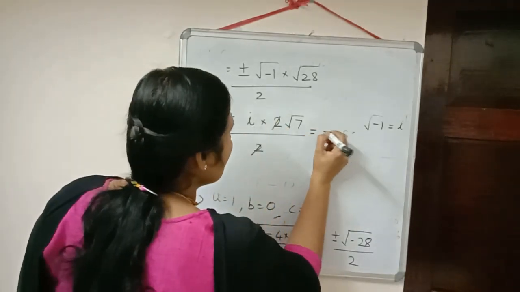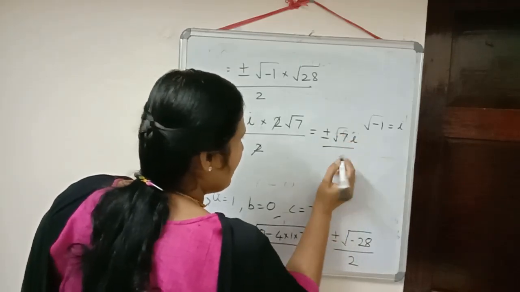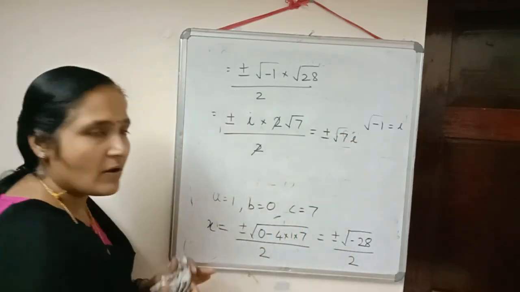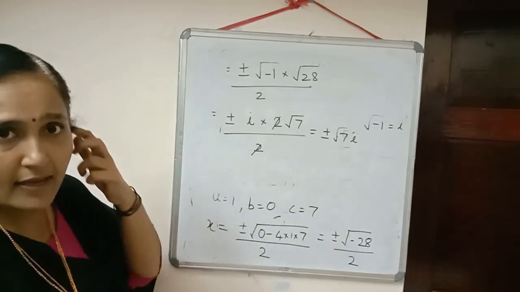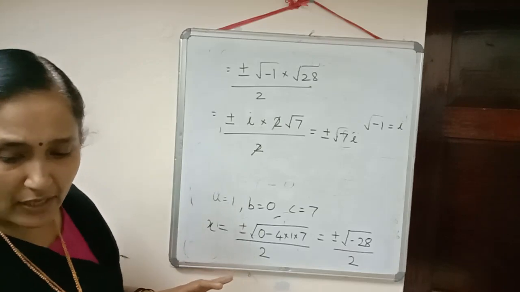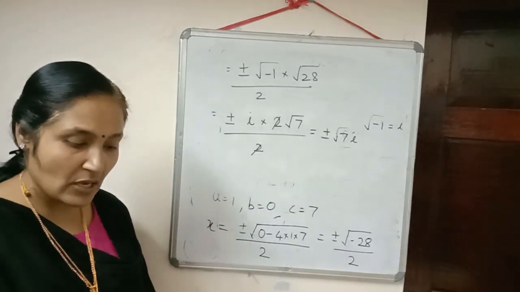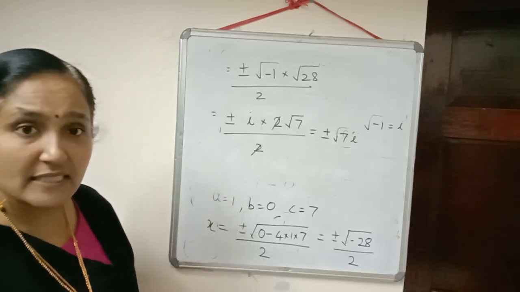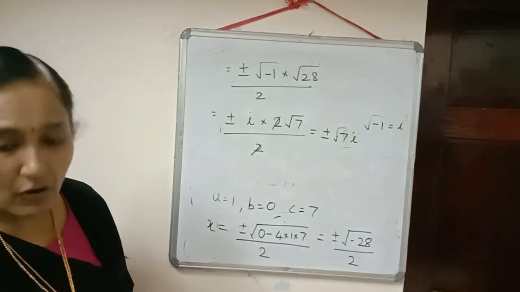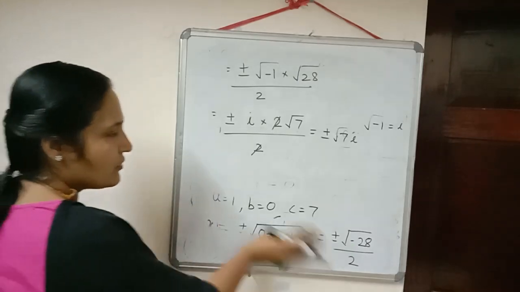Our answer will be plus or minus root 7 i, by 1 not required. So here we are getting the complex solution of the equation. Normally in 10th class we write that this type of question has no solution, but since we studied complex numbers, now we can write down the complex solution also. We'll do more questions.